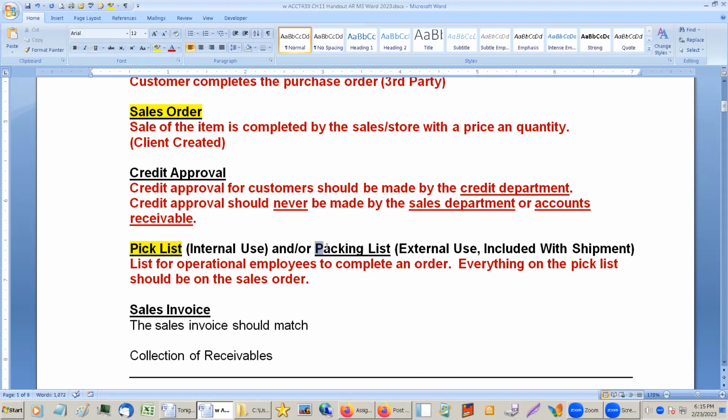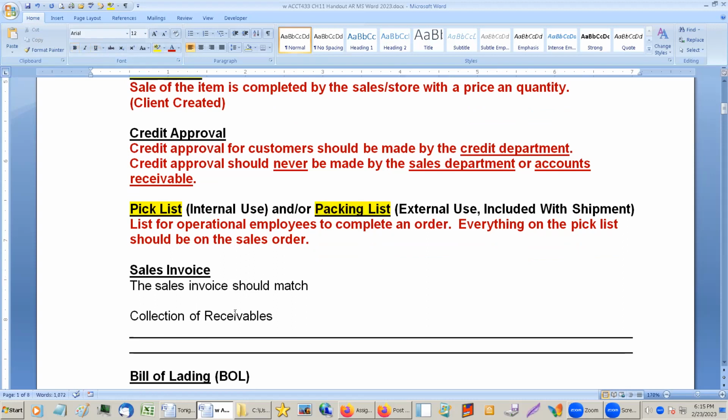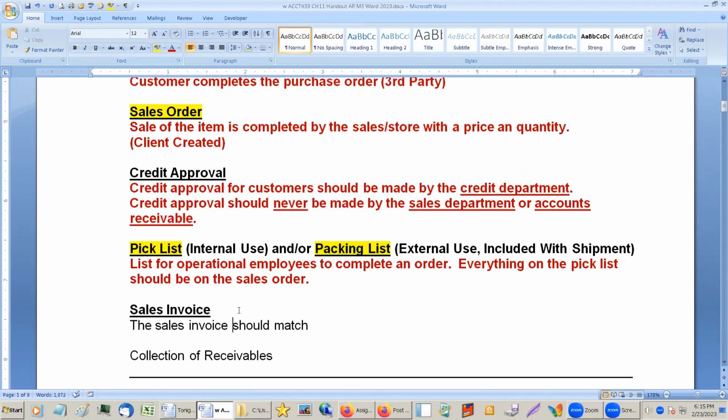Or packing list? Which one should the sales invoice match? Sales order. Actually, it's gonna be the packing list because there might be things that are out of stock. Let's say they ordered 10 things, we only have 8, well, we'll send 8. So what's on the packing list is what the invoice should match. Okay, thank you.